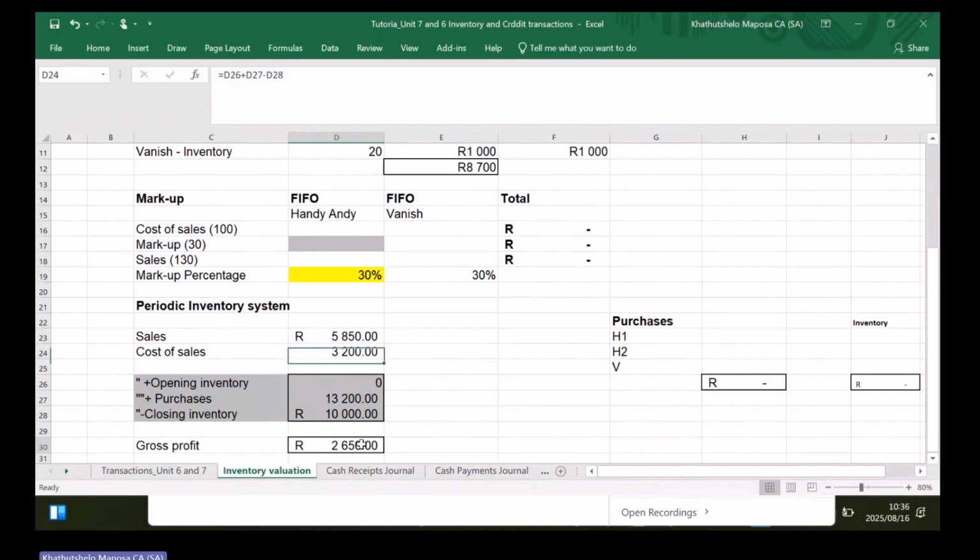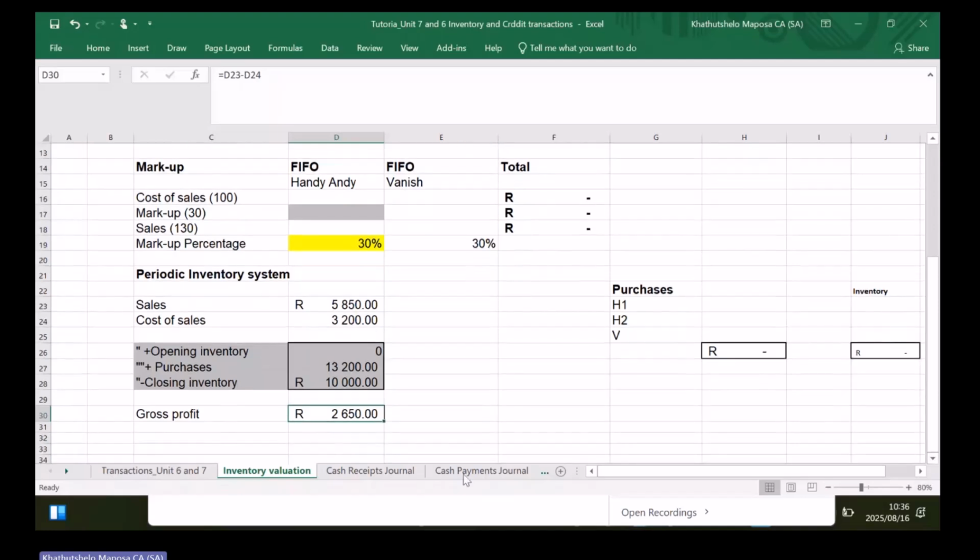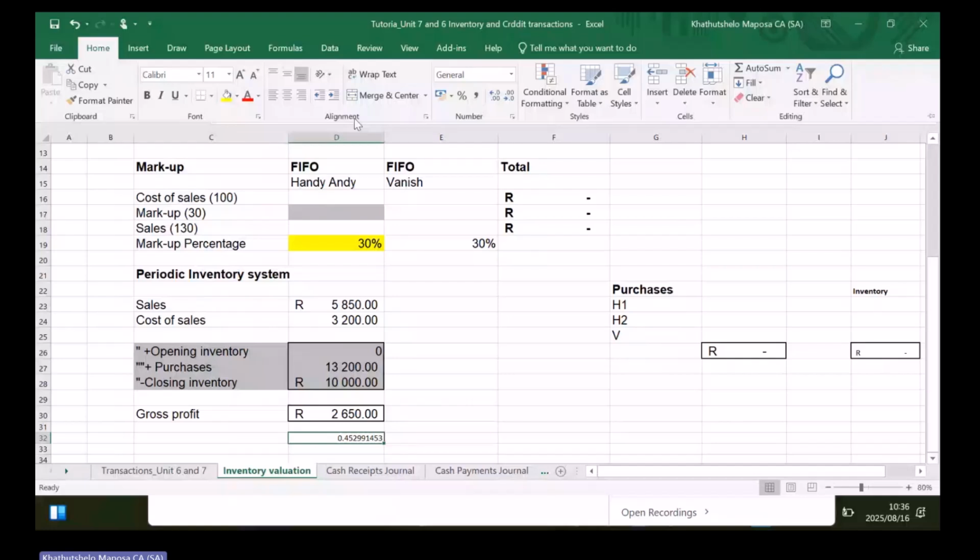And sometimes they will ask you to calculate markup percentage. Markup percentage, or sometimes gross profit percentage, only means you take whatever your gross profit is and divide by sales. Then you will find a percentage that you will use as your markup percentage or gross profit percentage or whatever they call it. So that's how you calculate it.